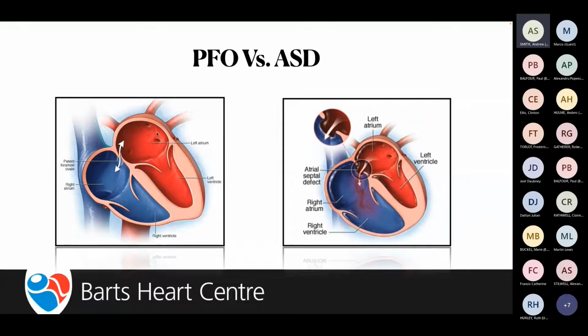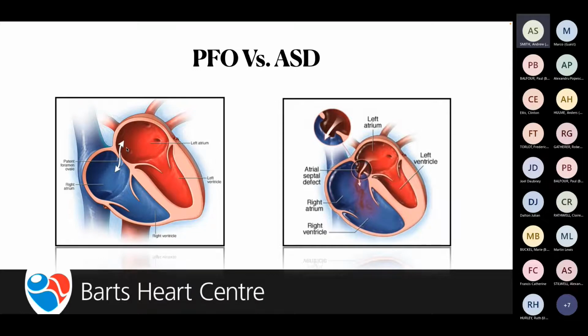There are only certain circumstances where right atrial pressure goes up above left atrial pressure, and that allows a transient or small amount of blood flow to go from the right atrium to the left. And it's that small amount of blood allowing venous blood into the systemic circulation that is the concern with the pathology of a PFO, and I'll talk more about that shortly.